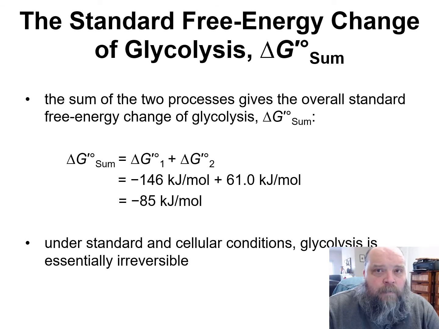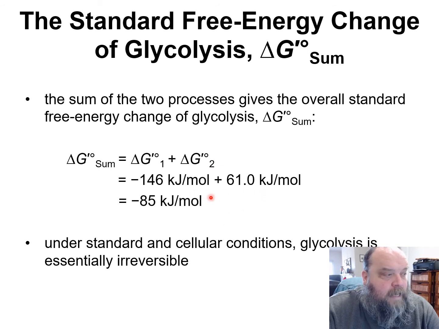So I told you in chapter 13, you can go through each of the steps and calculate how much free energy is in this step, in this step, in this step. And then you add them all up, the pluses, the minuses, delta G's. The sum total, negative 146 kilojoules per mole plus the 61 means you have a net negative 85 kilojoules.